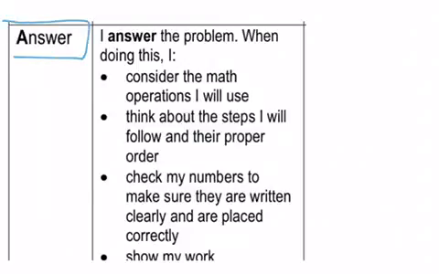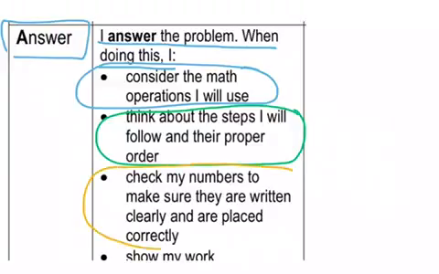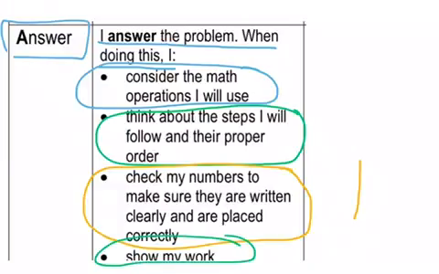Next you have answer. I answer the problem. When doing this, I consider the math operations I will use, think about the steps I will follow and their proper order, check the numbers to make sure they are written and placed correctly, and last, show my work.